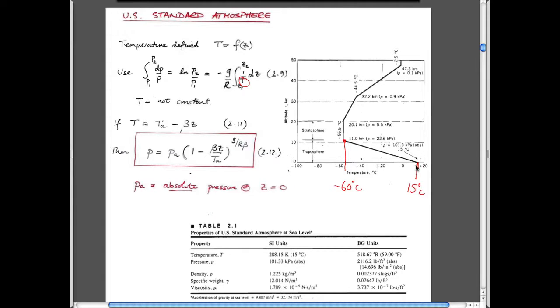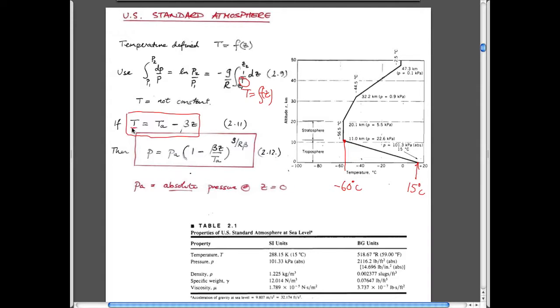You'll never have to derive this, but if you want to represent this temperature change, you need to keep the temperature as a function of elevation in the integral. The appropriate expression would look like this.